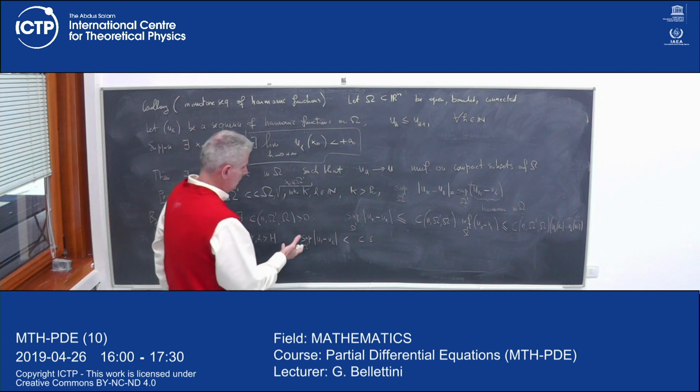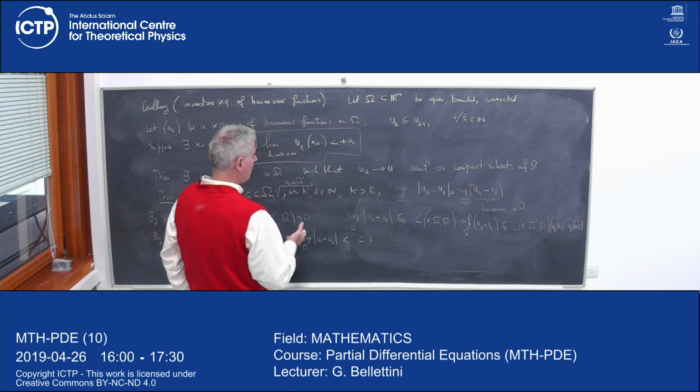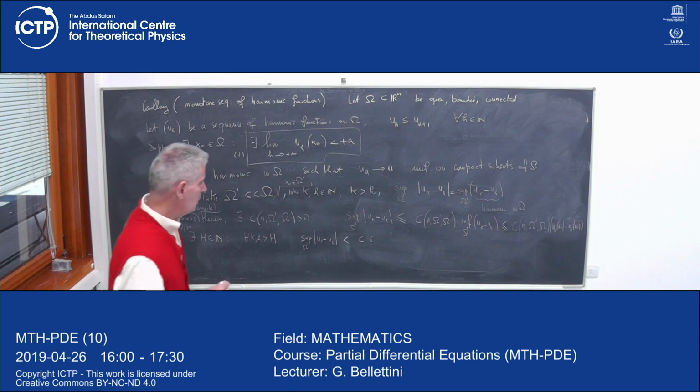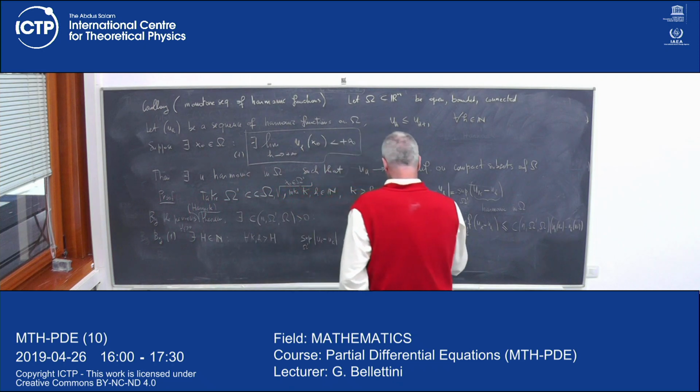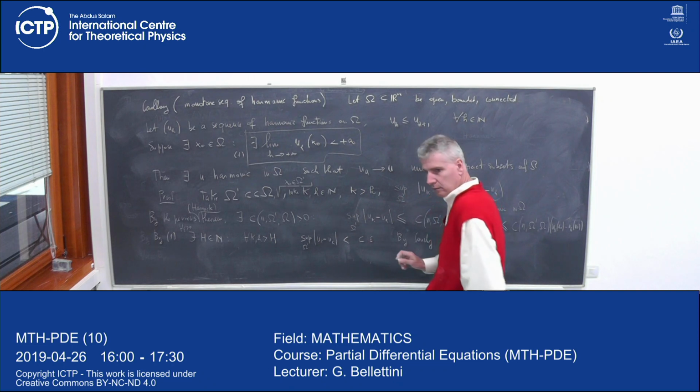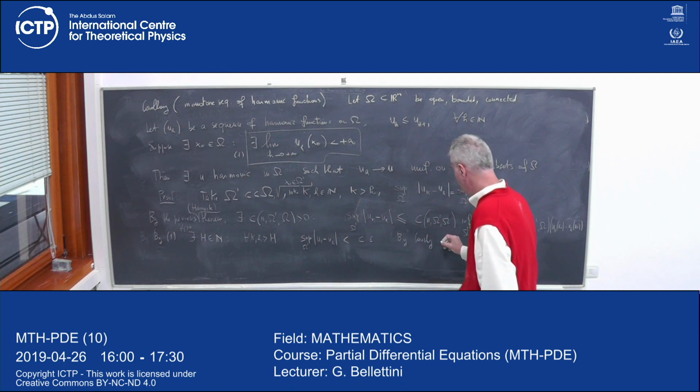So our sequence u_h is uniformly Cauchy, is a Cauchy sequence uniformly. So what does it mean? It means that it converges uniformly on omega prime to something, and this something by our theorem must be harmonic. I don't know how it's called, by the Cauchy principle, by the Cauchy convergence theorem.